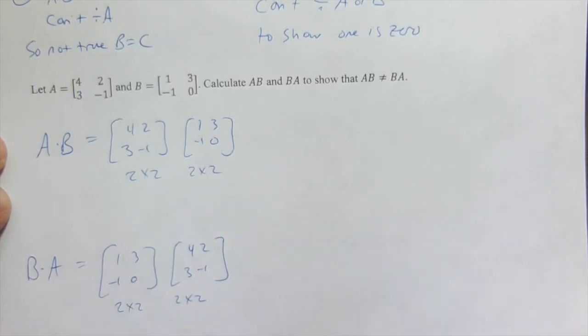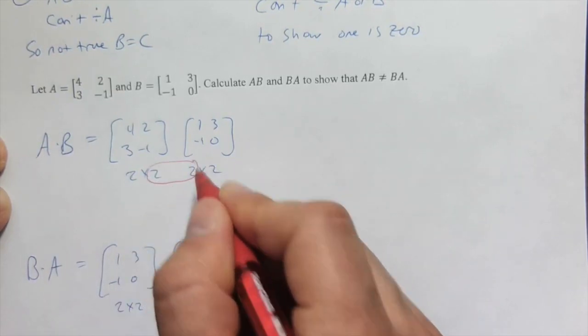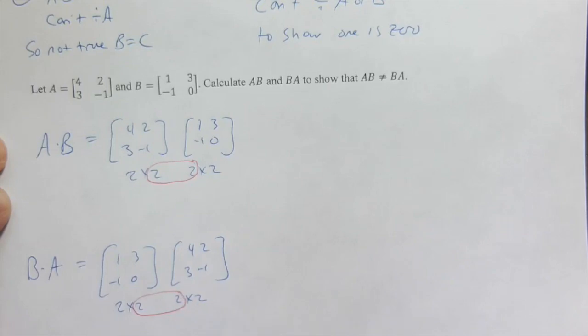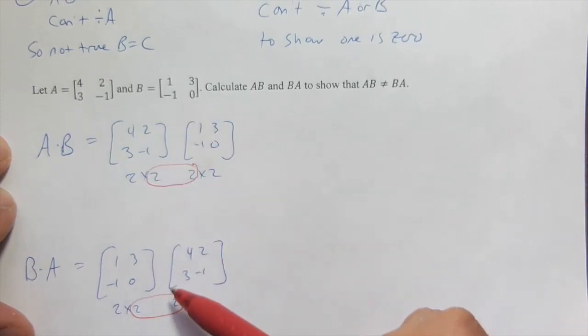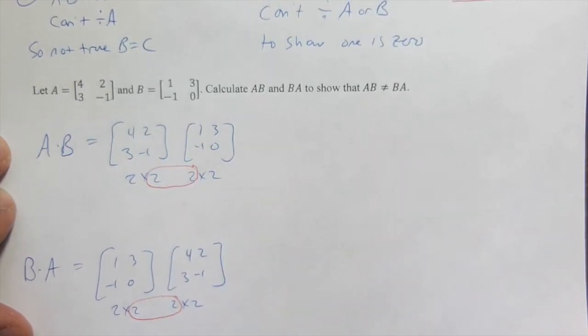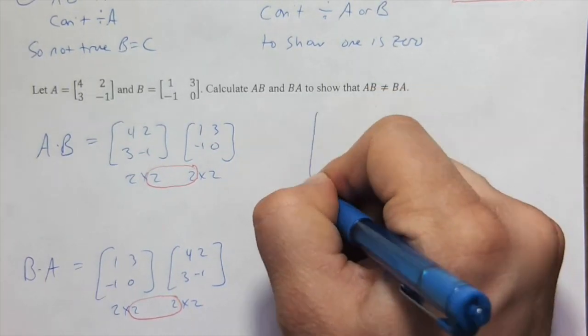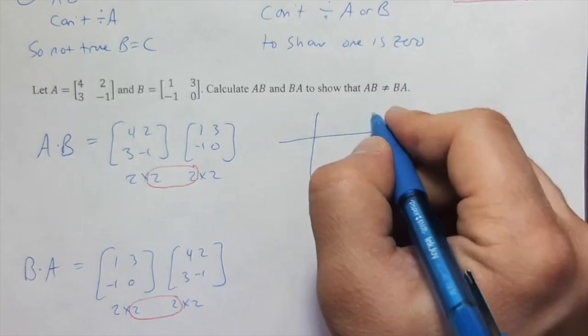Since they're all 2 by 2s, that's what lets us change the order, because the inner dimensions are always going to match. You can do those multiplications, but when you do the two multiplications, you're not going to end up getting the same thing, which means matrix multiplication does not commute.